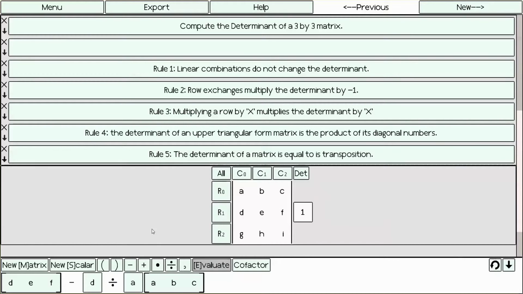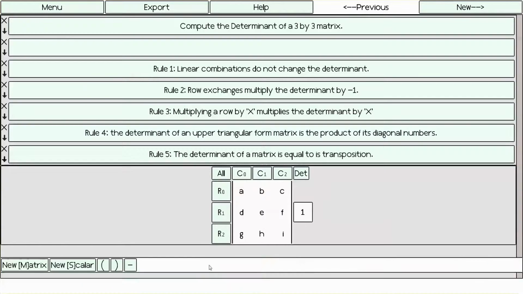See? By dividing row 0 by A, the A will become 1, and by multiplying by D, the 1 will become D, and by subtracting D from D, we will create 0. So now we're going to evaluate this.